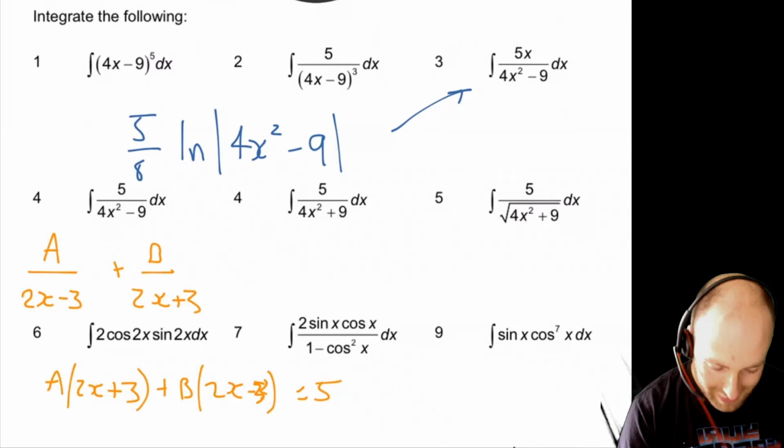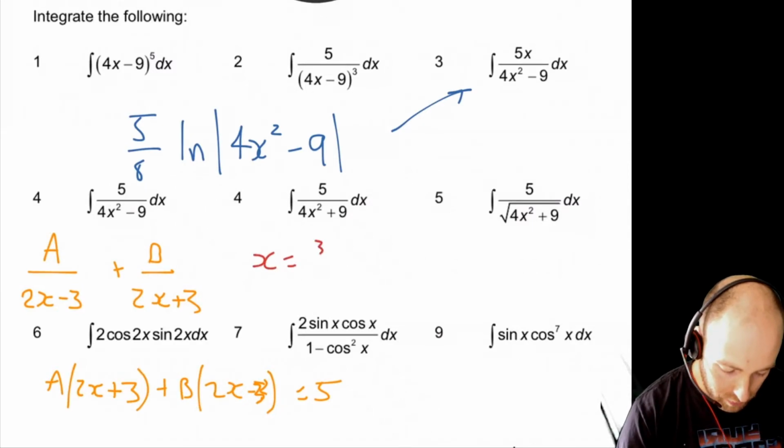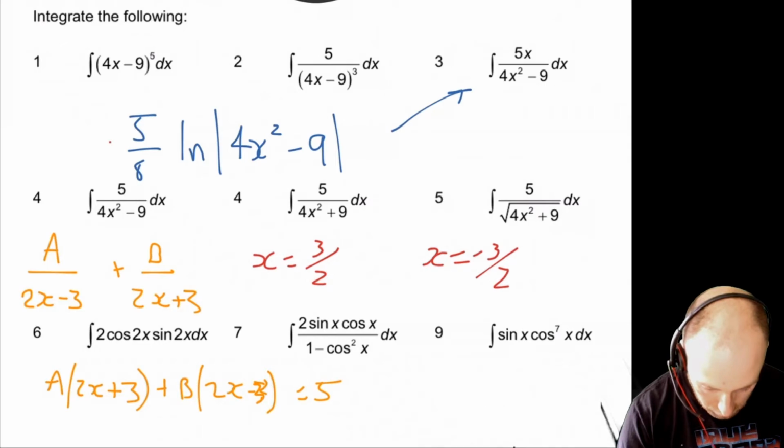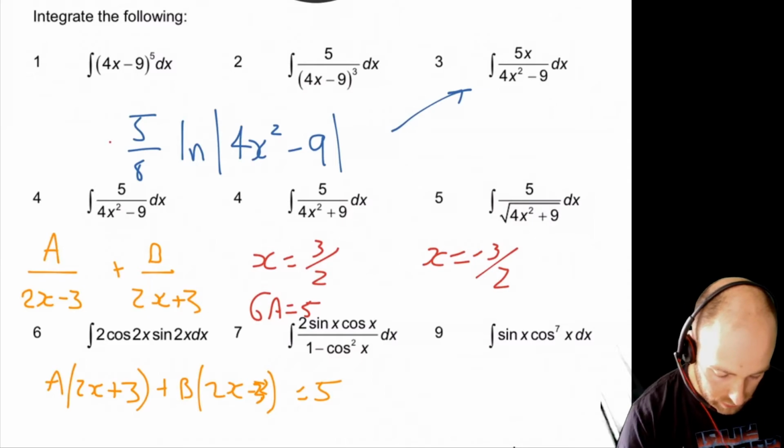So if we let x equal 3/2 and minus 3/2, the first one, we will get 6A equals 5. So A is 5/6.